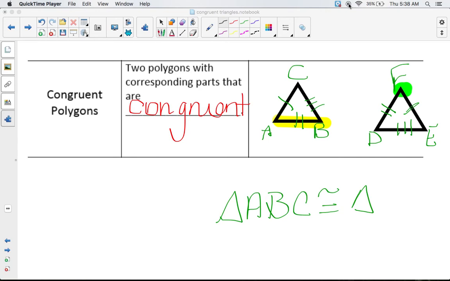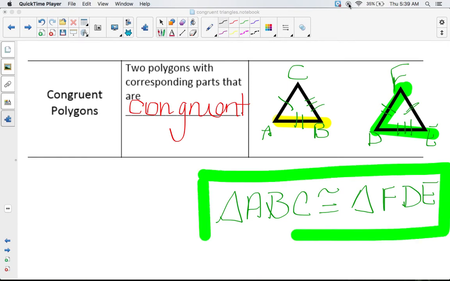So it's going to go F, D, E. Now, the reason why I did it this way is I want you not to assume that it's going to be alphabetical every time, because it is not. And they will try to trick you by that. So please make sure you actually look at the congruent statement and make sure that you write it appropriately. Okay?